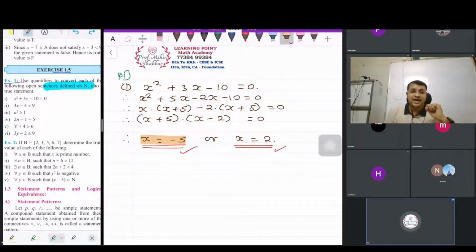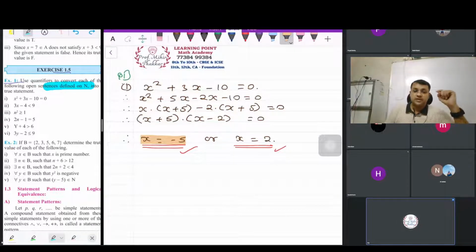So now guys, I have to identify out of the two quantifiers, that is for every and there exists, which is a suitable quantifier in this example. When I say for every, all natural numbers should be satisfying this particular quadratic equation. Is it really going to happen? The answer is absolutely not.